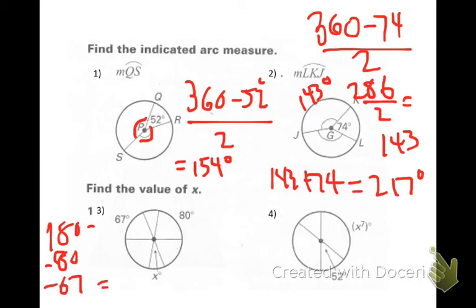So that's 180 minus 80 is 100, minus 67 is 33. So x is 33, and since it's a vertical angle, this would be 33 as this angle, right? This arc is 33. Its central angle is 33, so the vertical angle, so x would be 33.